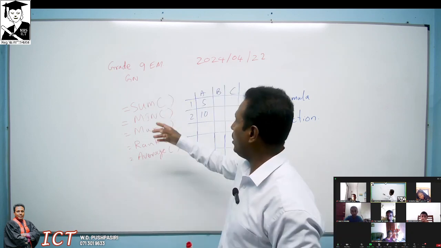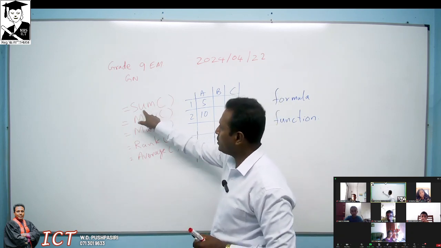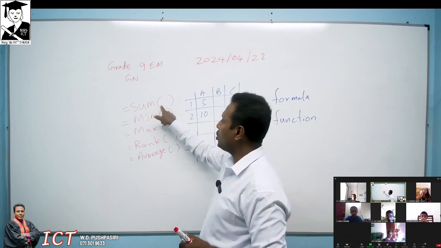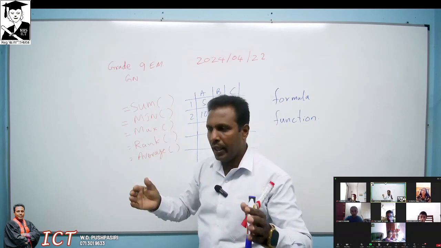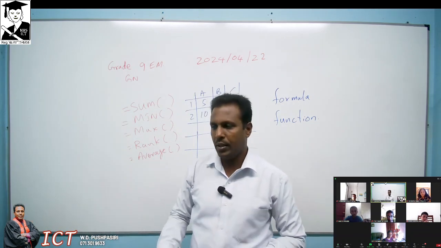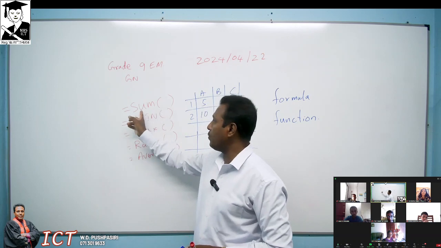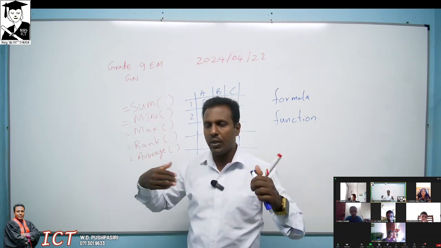So that is called functions. When you say sum, you will get only one thing: the total of the given range. That is the meaning of sum.